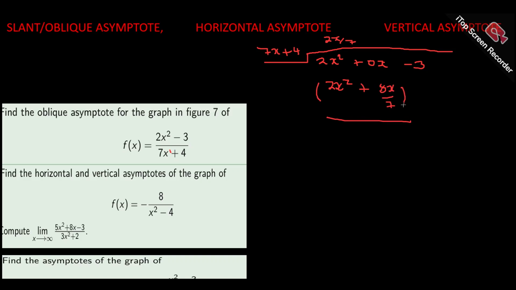What else? From there, you're going to subtract what you have on this side. This expression is just going to give you 0. When you subtract here, that's going to give you negative 8x over 7. Then again, you divide this expression, negative 8x over 7, by this guy.